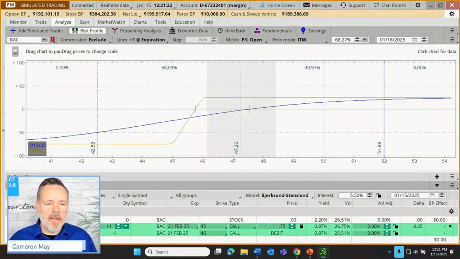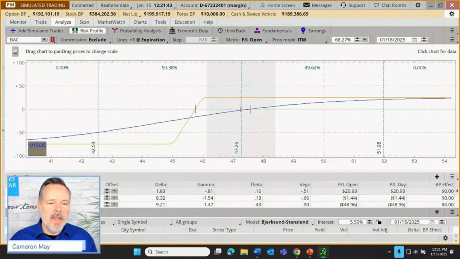Well, these are prices, and they're called price slices because they kind of slice the chart into quarters. There's a quarter over here, a quarter here, and a quarter here with these three slices. So they're kind of slicing down through the chart. Well, the slice off to the left can also be described numerically. If we click on price slices over here, you can see here's our current price slice, 47.26.